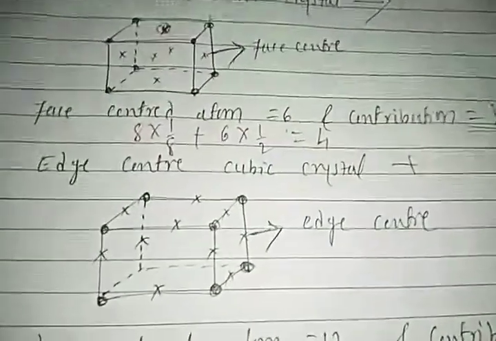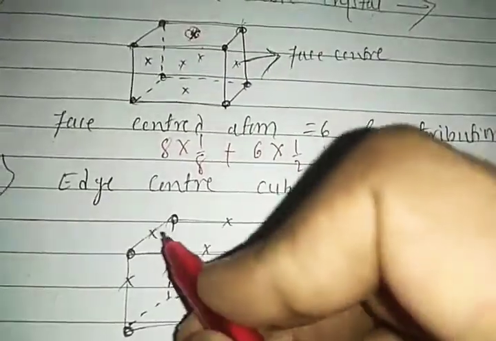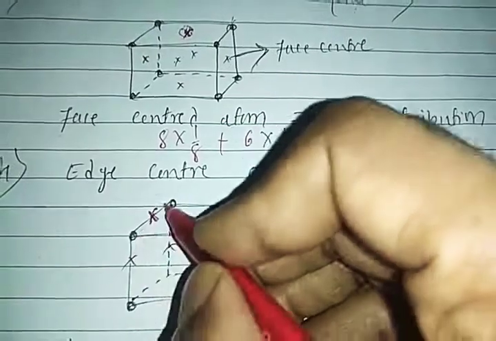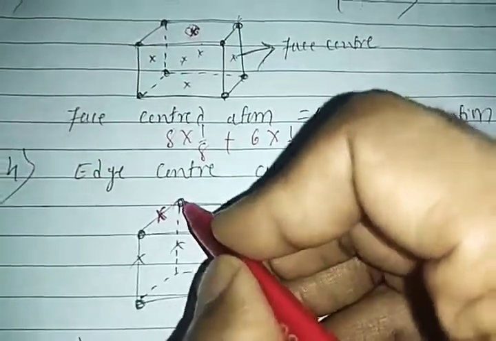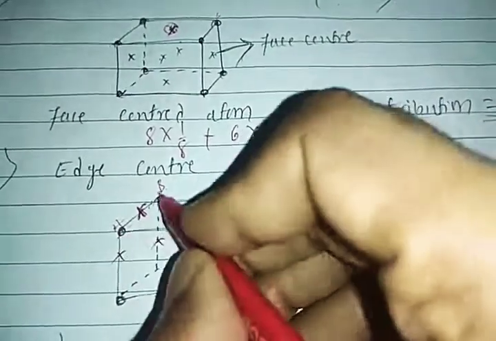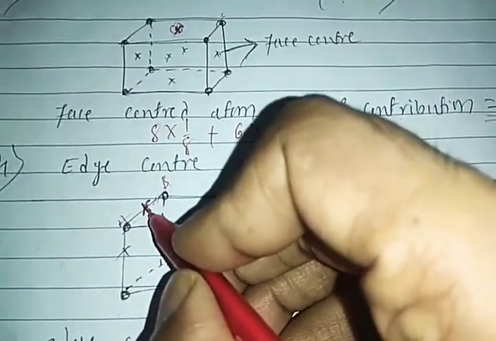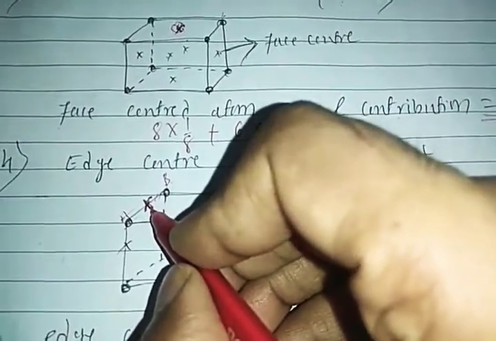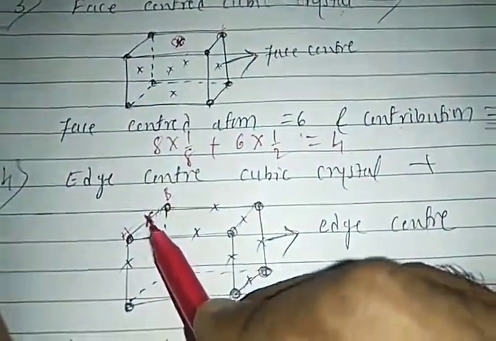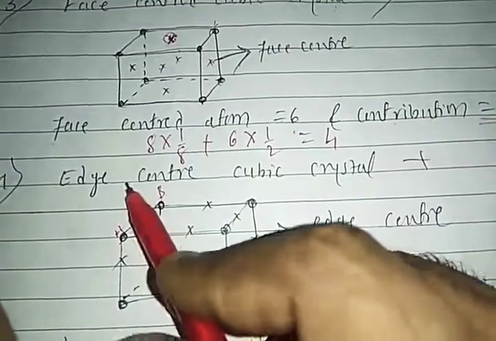Edge center, students. Edge center means here. This is one edge length, this is A and this is B. In between A and B, one more atom is present that I mentioned here as X. This X is the atom. We call this the edge center.